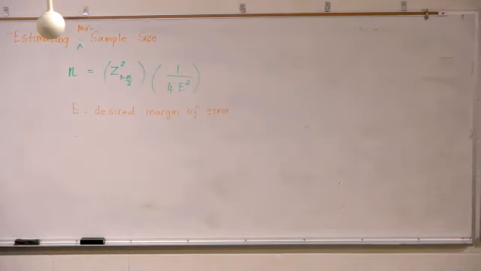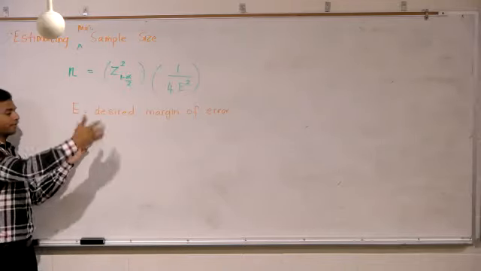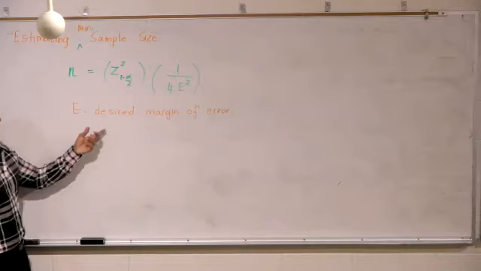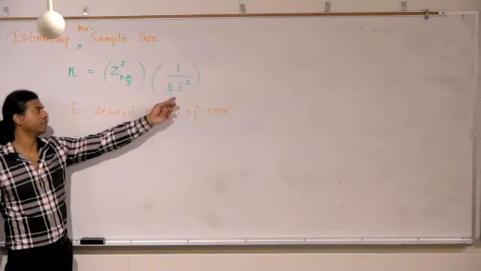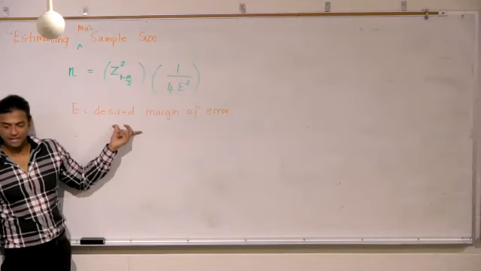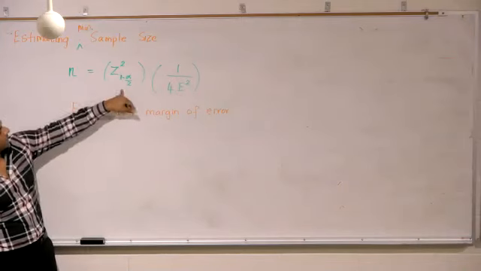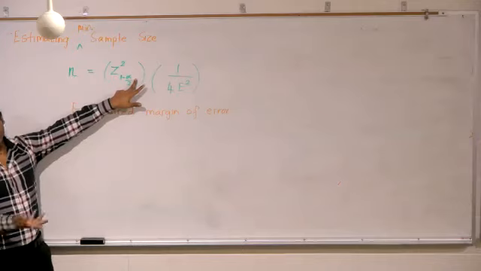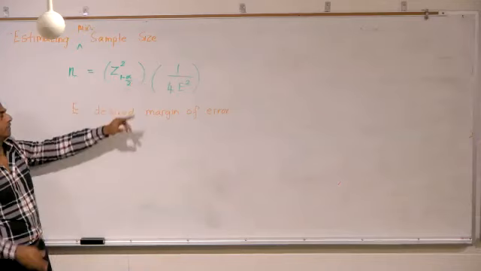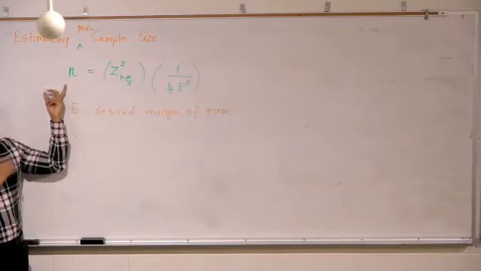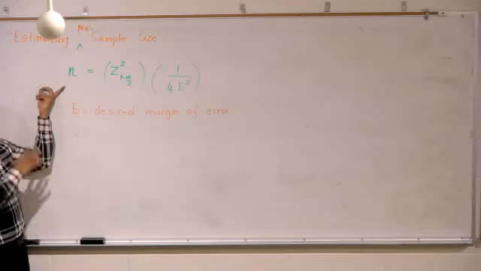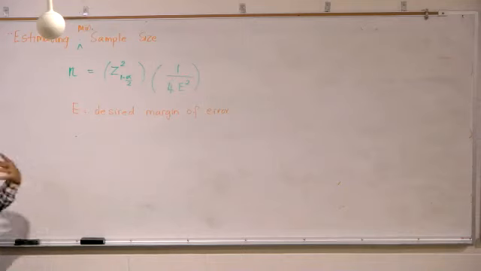In this case, E is the desired margin of error, because we have not conducted the study yet. We're just about to go perform the study. So we set a level for the margin of error, the desired margin of error. We set a value of alpha, 95%, 90%, whatnot. And using this formula, I can come up with a minimum sample size, the minimum number of observations that I need to collect in my study.